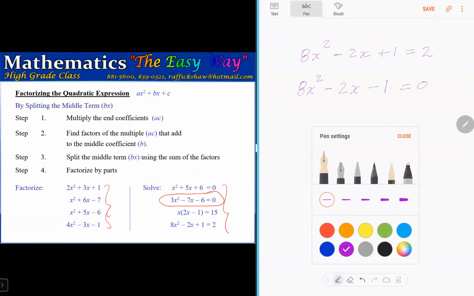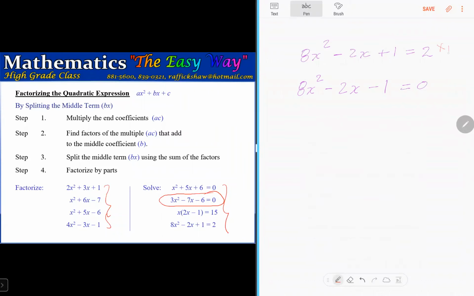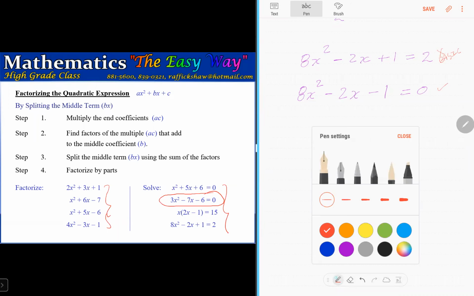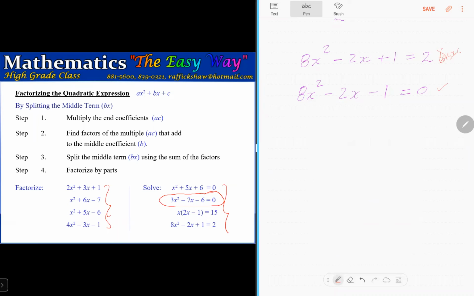So that's where it's called standard form. We always want standard. This we're solving, but that is standard. So when I multiply the coefficients, the a times the c, that's 8 times negative 1, negative 8.